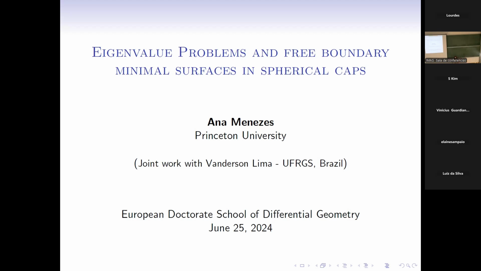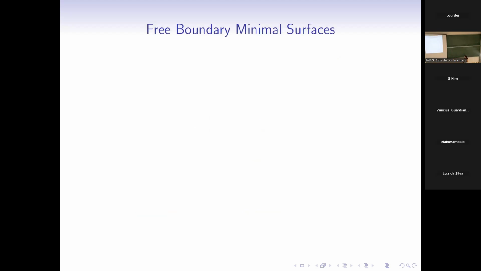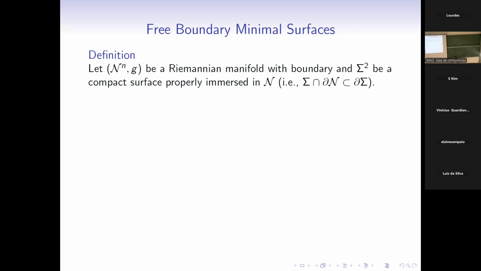Okay, so this work gives a connection between eigenvalue problems and free boundary minimal surfaces in spherical caps. So I'm going to start by recalling the definition of a free boundary minimal surface. Here your ambient space is a compact Riemannian manifold with boundary. And we have sigma, a compact surface that is properly immersed in your ambient space.